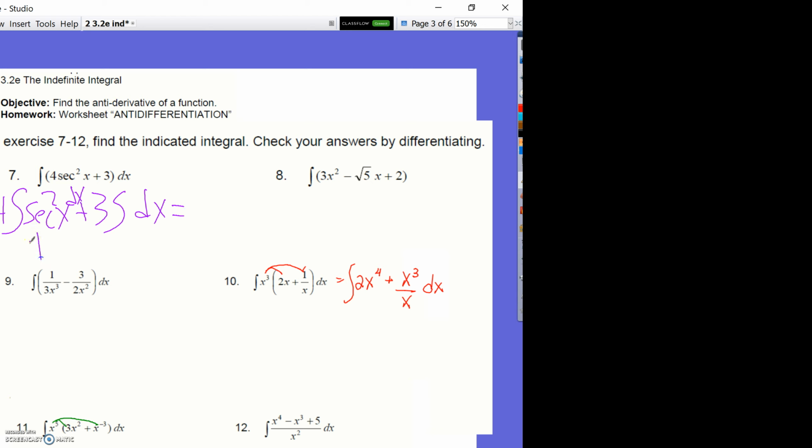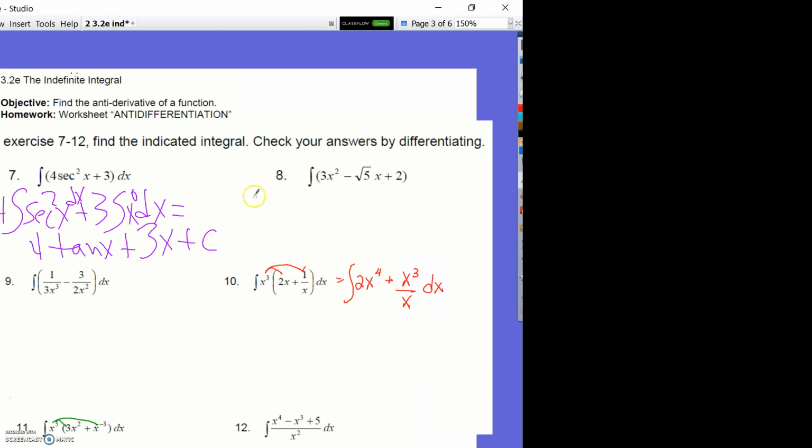Our answer is going to be 4 tan x from our new rules, plus, if I've got a constant in front of an integral sign with no variable afterwards, it's going to be 3x, because we're going to make it linear. It was almost like this was x to the 0, so I added 1. And then I'm going to have plus c.